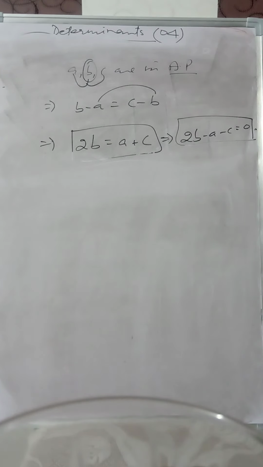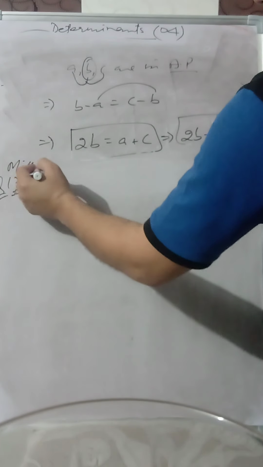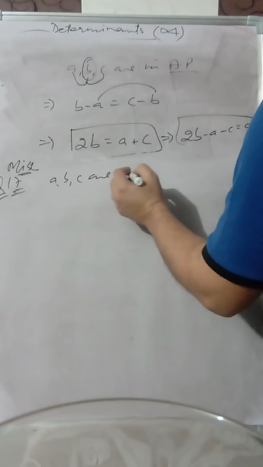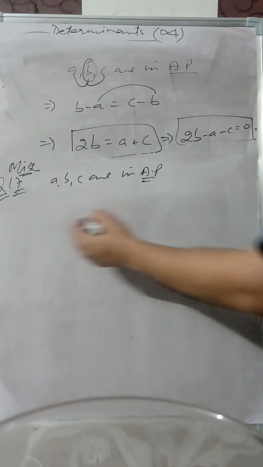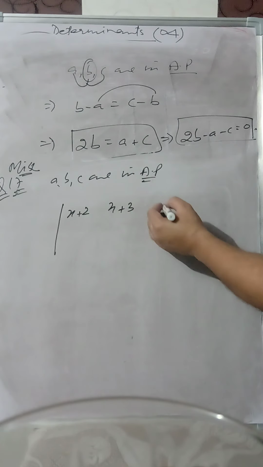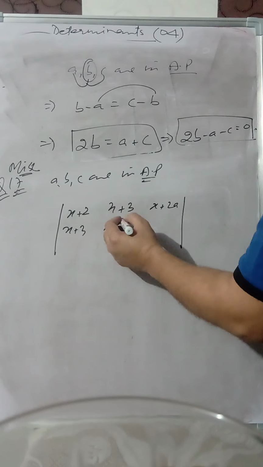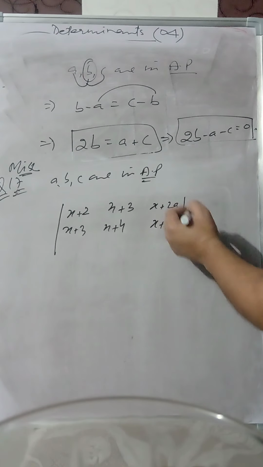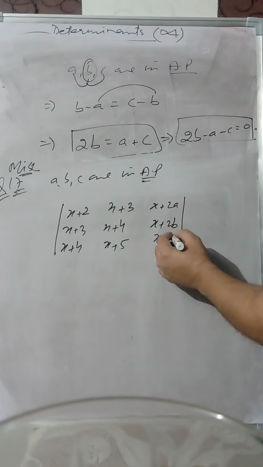Like there is a question, this is question number 17 of miscellaneous exercise. He says that if A, B, C are in AP, then what you need to do is the determinant: x plus 2a, then x plus 3, x plus 4, x plus 2b, and then x plus 4, x plus 5, and x plus 2c.